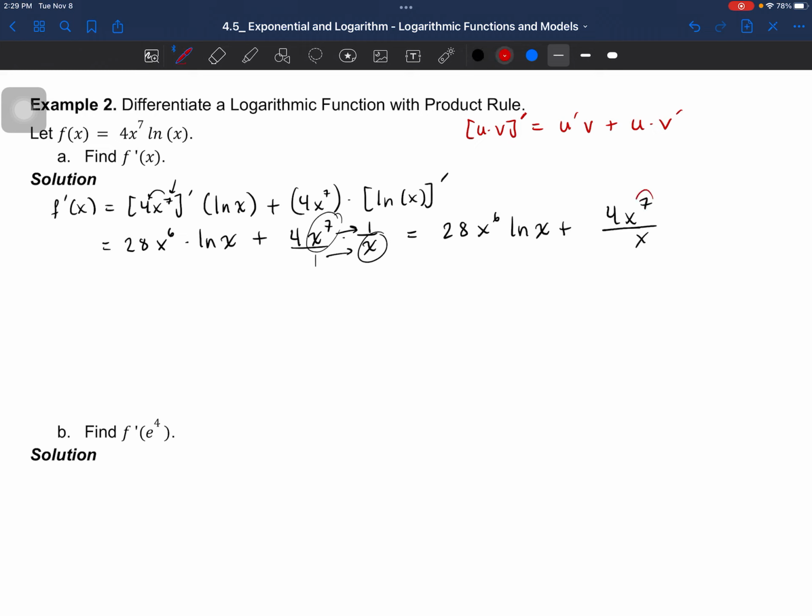So 1 times x is x, and then 4x to the 7 times 1 is 4x to the 7. And you can see here that we can simplify these two because there's technically a power 1. So we cancel one of them, so that becomes a 6.